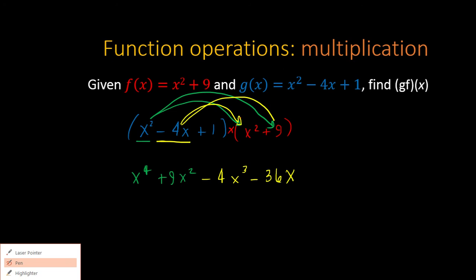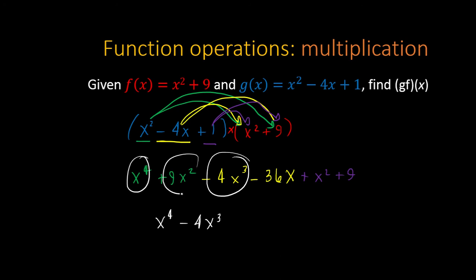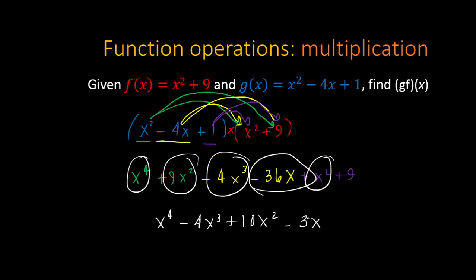And finally, positive 1 times x squared, which would just be x squared, and positive 9. Now I gather like terms. So I get x to the 4th, that's taken care of. Negative 4x cubed, that's taken care of. Positive 9 and positive 1 is 10x squared. I subtract 36x and I add 9.